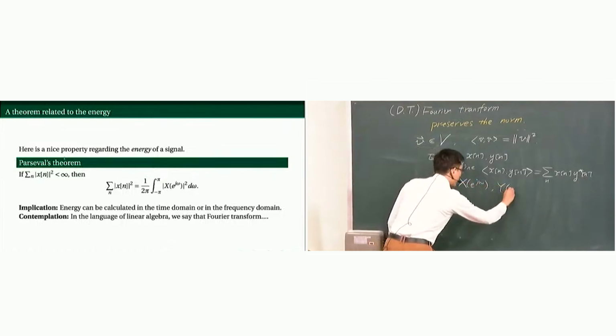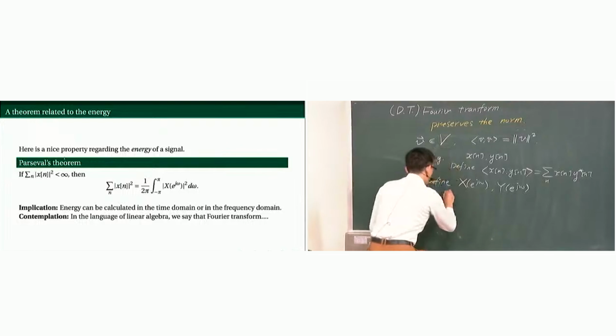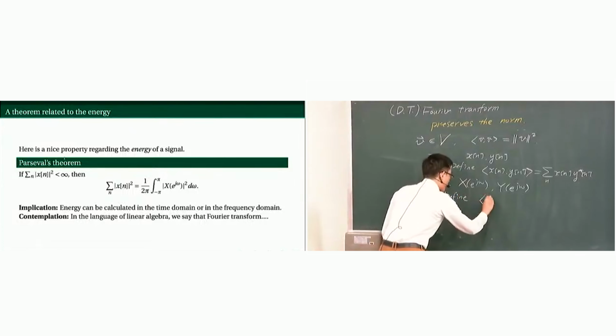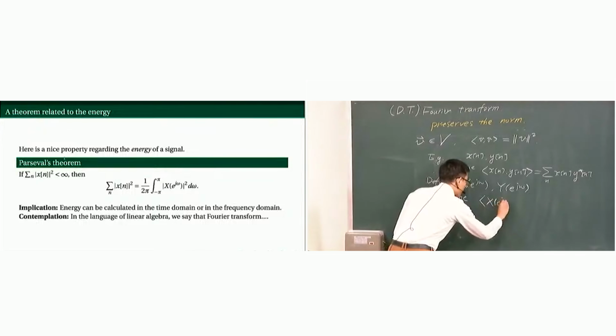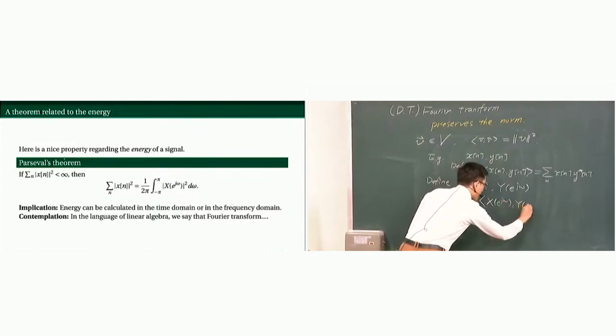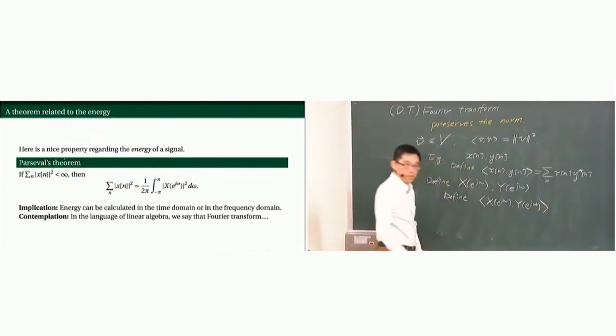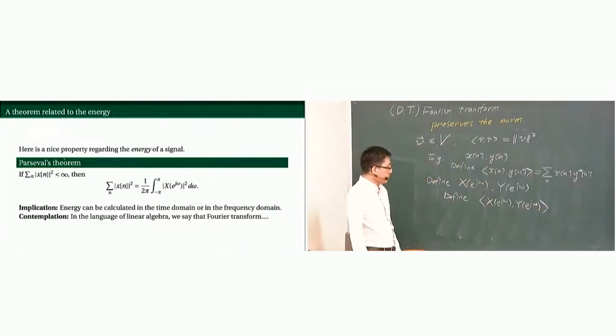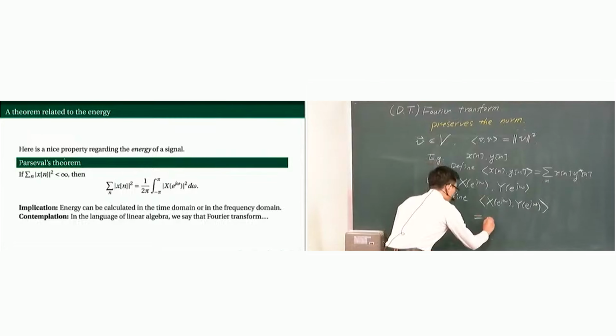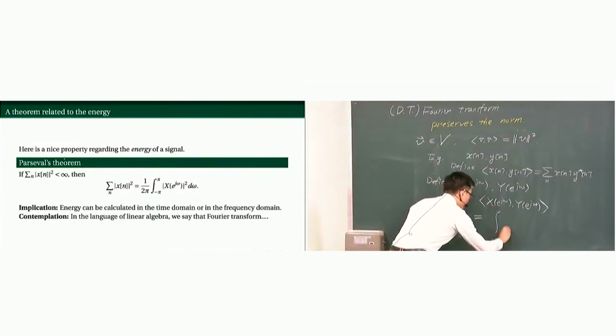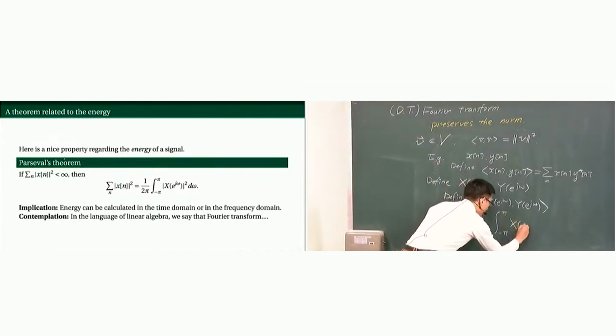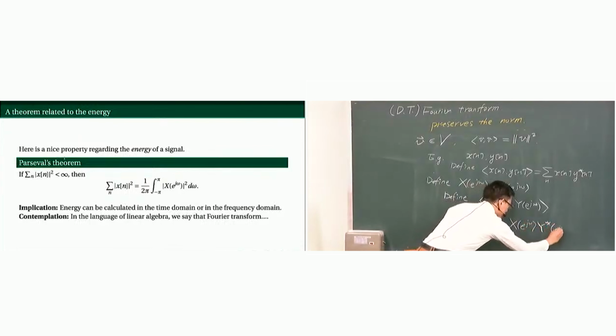For any two given spectrums X and Y, two continuous frequency functions, we can define the inner product as the integral from minus pi to pi of X(omega) Y conjugate (omega) d omega.